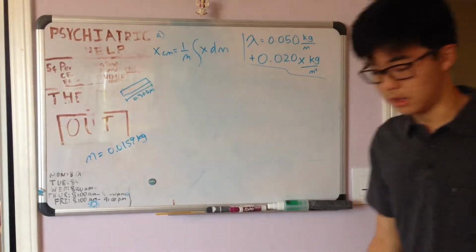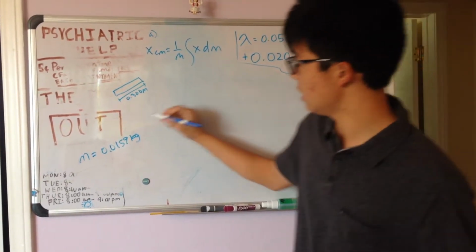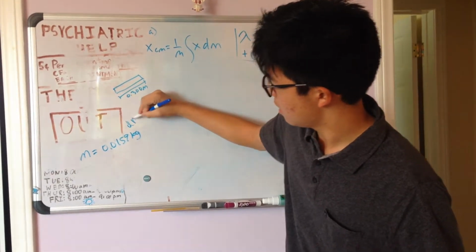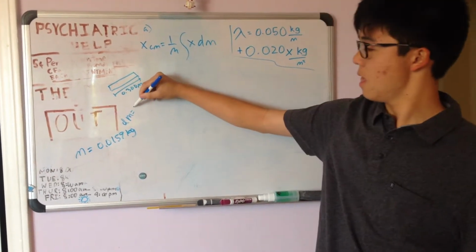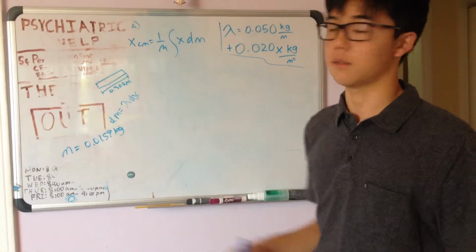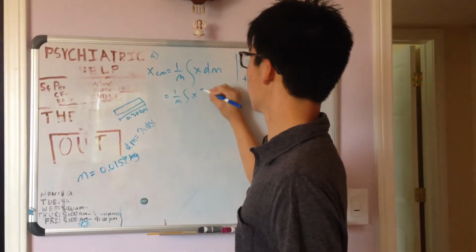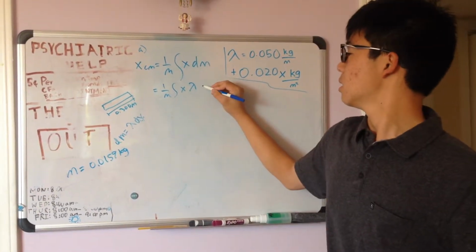Yeah, that is the formula. Okay, so as we know, dm equals lambda dx. So we're going to go ahead and plug lambda dx in for dm. So we are left with this.